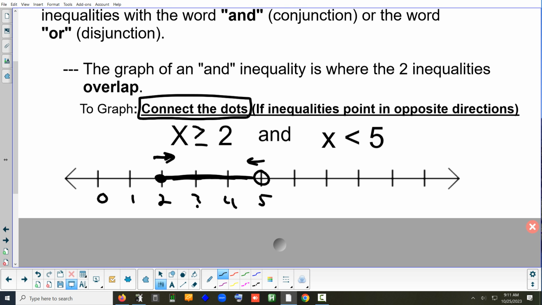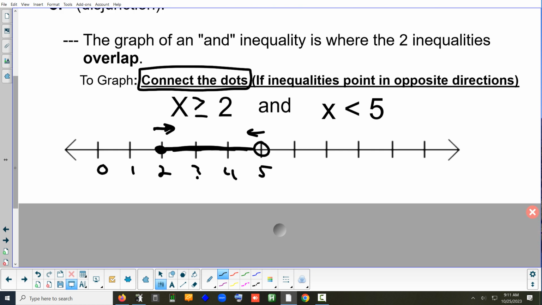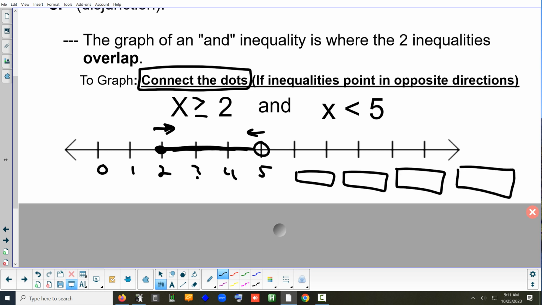So the way this would work on Edge Elastic, you'll be able to do conjunctions, graphs like this. It'll probably have different tools at the bottom, and the tools might look something like this. There'll be one tool that has a filled-in circle on each end. One tool that has just a filled in on the left.